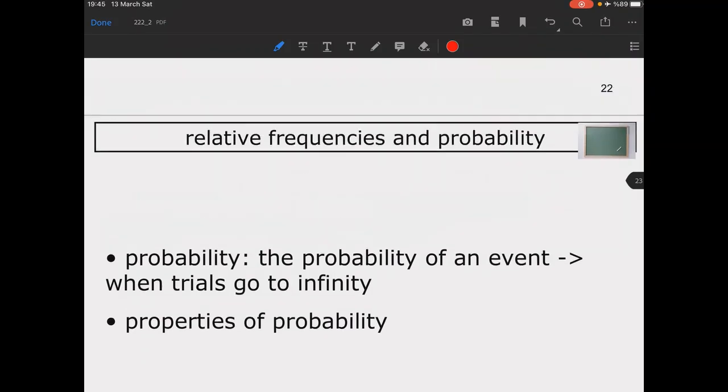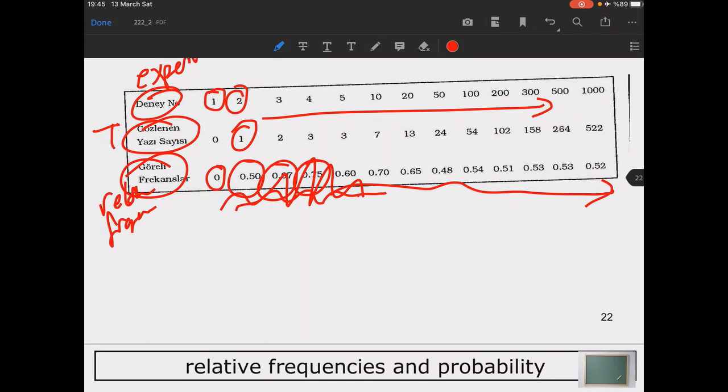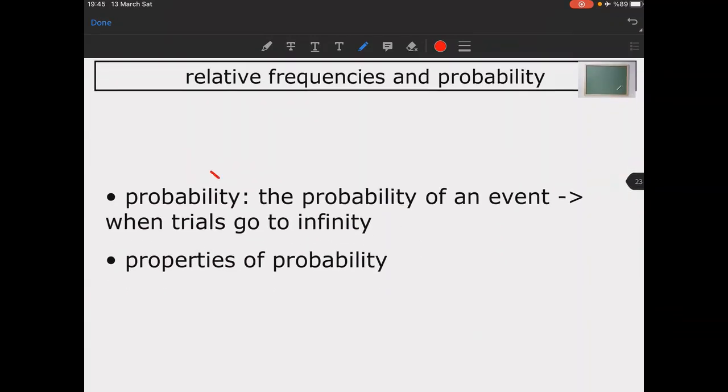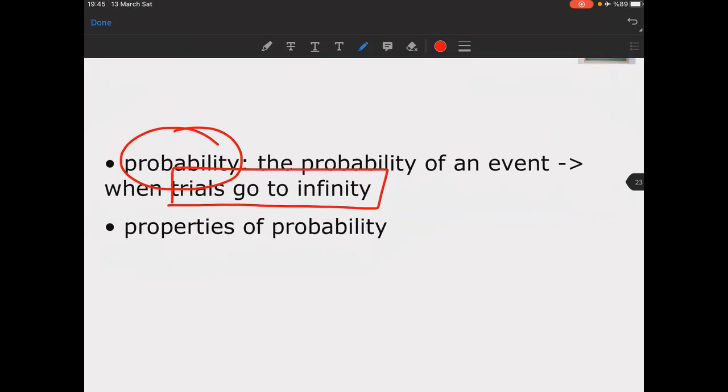When you focus on those relative frequencies going to infinity, this is called the probability. The probability of an event is what the relative frequency settles to when your trials go to infinity. It will settle to a value. And now let's take a look at the properties of probability.